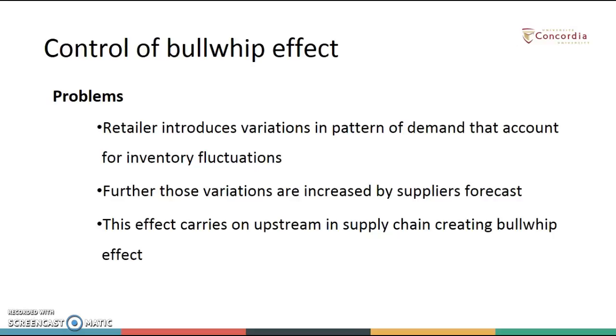Based on these two effects, this effect carries on upstream in the supply chain design, thus making the demand at the manufacturer end vary dramatically from the original retailer demand. So that's what causes the bullwhip effect.